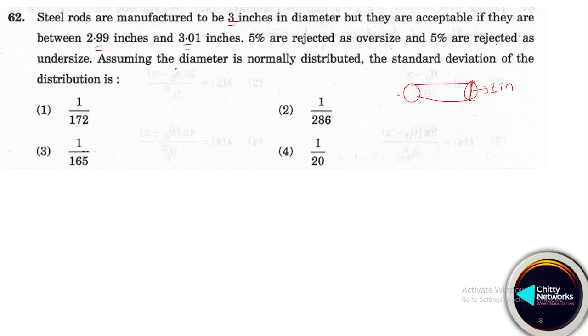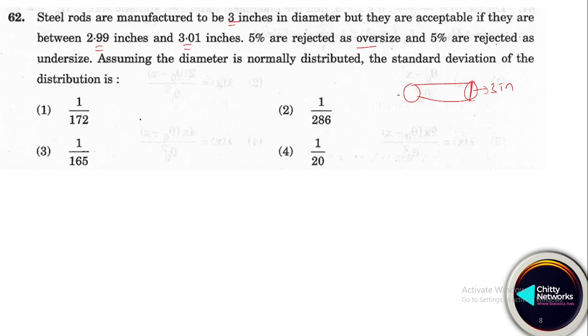So it is acceptable only if the diameter falls in this interval. 5% are rejected as oversize and 5% are rejected as undersize. So if the diameter is more or less, then 5% are rejected. Assuming the diameter is normally distributed, they are asking for the standard deviation of the distribution.